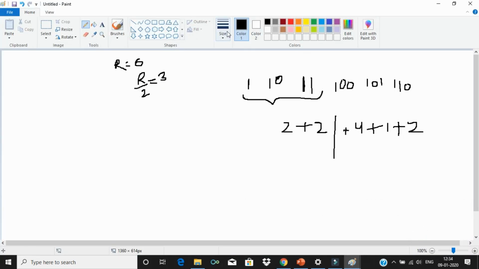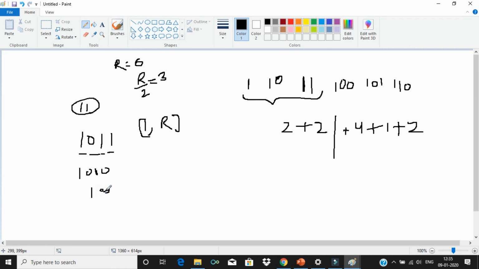As you can see, any number like 1011 is a representation of 11 in binary format. Here, if I ask you how many numbers from 1 to r are in the form 2 raised to power k, they will have only one 1 at a bit position, like 1 here followed by zeros, 1 here followed by zeros.